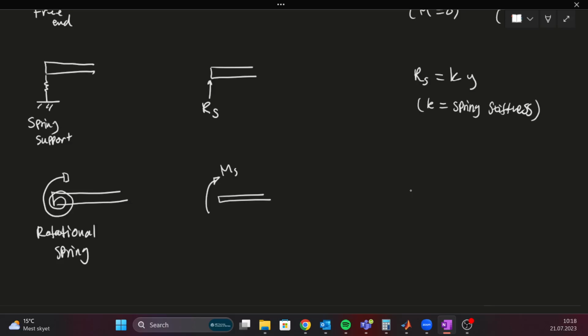The boundary condition for this is that MS is equal to R times y prime, where R equals the rotational spring stiffness.